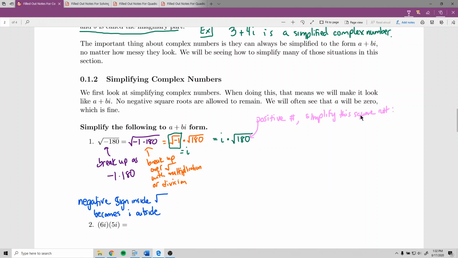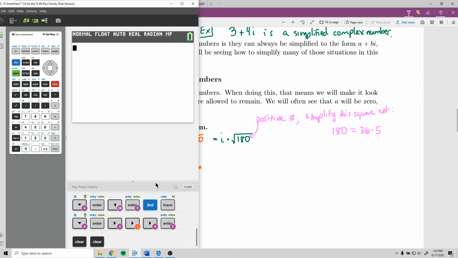All right, so remember, to simplify square roots, we're looking for perfect squares inside 180. And 180 happens to be 36 times 5. Remember, one thing you can do is find the biggest perfect square. We would not worry about 1, so we could do 180 divided by 4, which is 45.